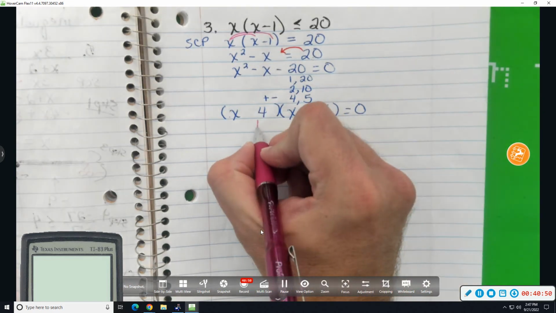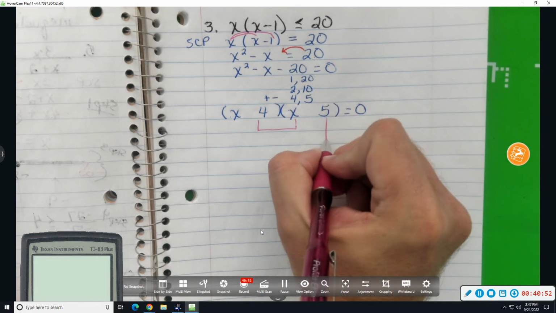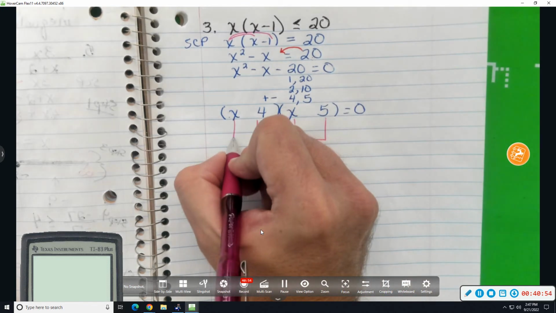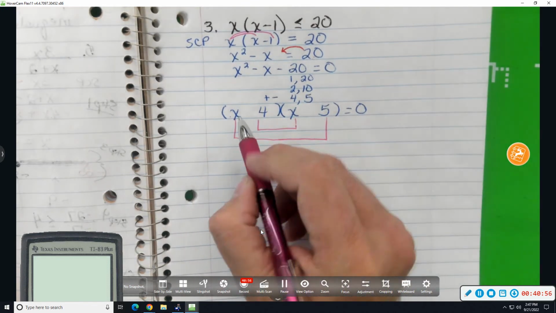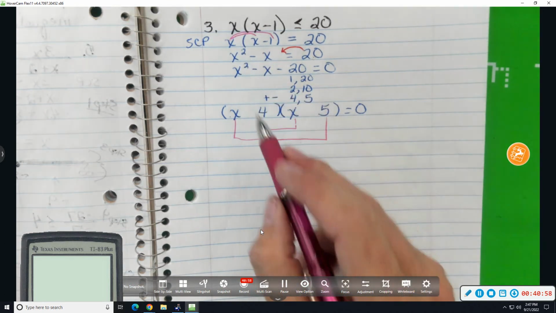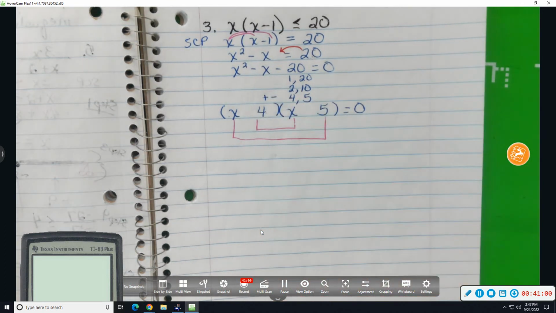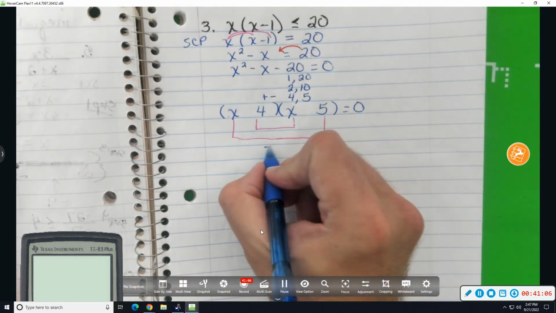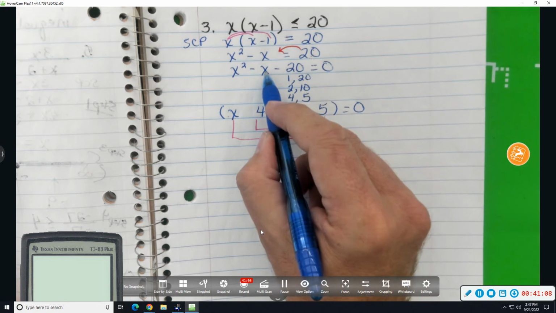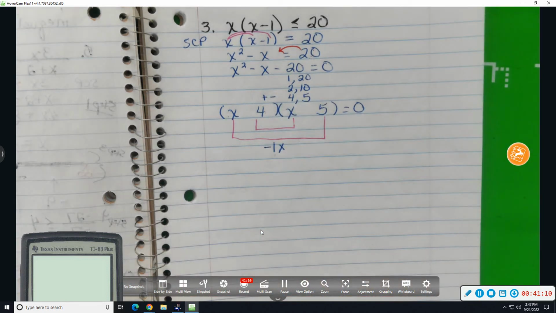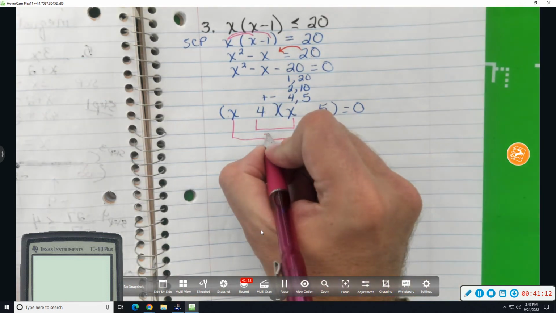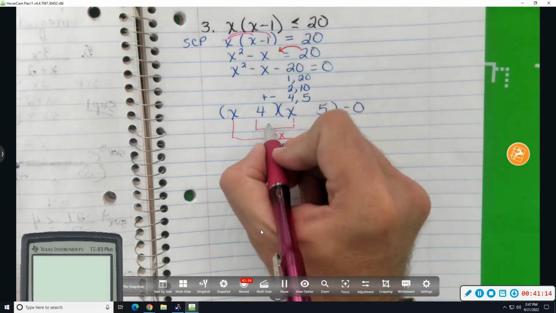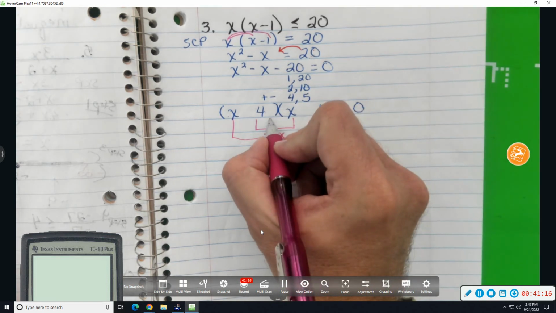If I look at the outer and inner on FOIL, I know for first I'm getting x squared, and last the 4 times 5 is giving me the 20. But in order to get a negative x, that would be a negative 1x. A negative 5x and a positive 4x, is that what I heard?